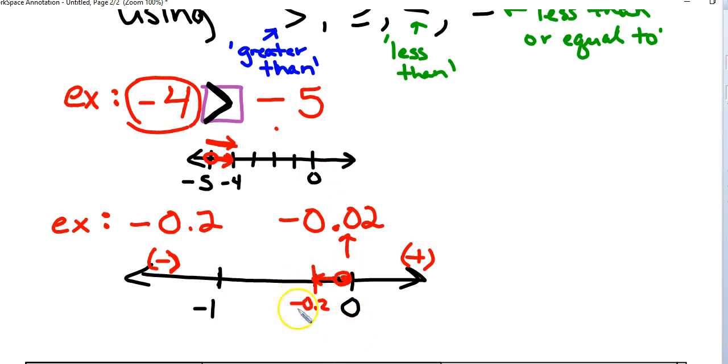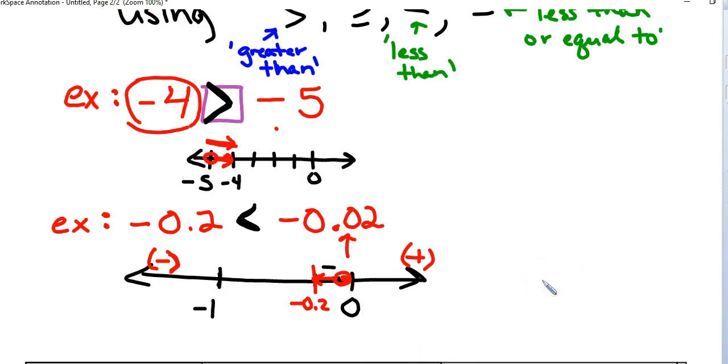Which tells me that this 2/10ths is actually less than negative 2 hundredths. So negative 2 tenths is less than negative 2 hundredths. Okay?